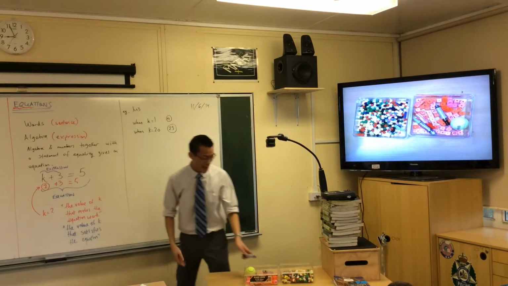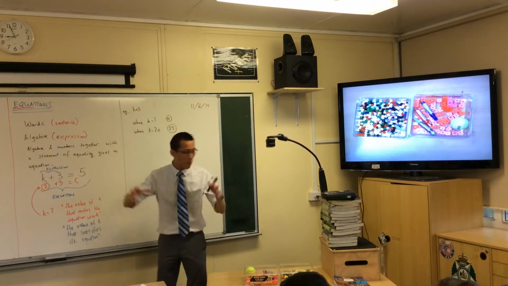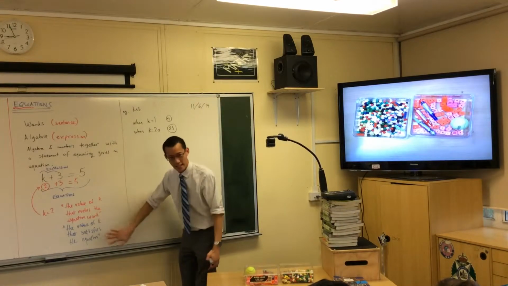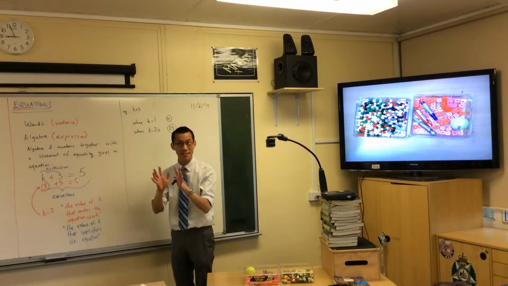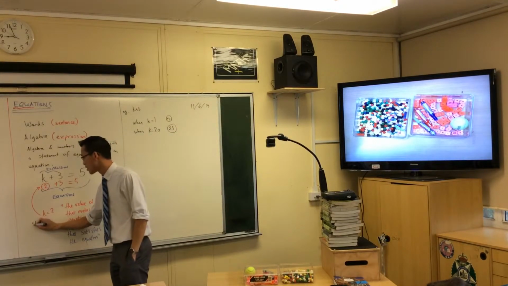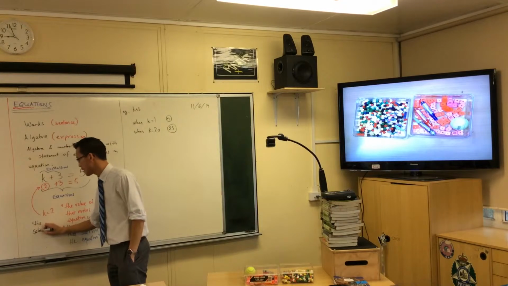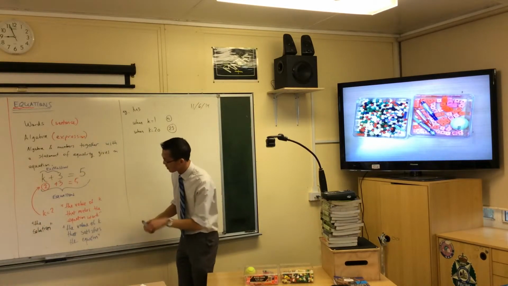But that's still a bit of a mouthful, isn't it? It's a long thing to say. So instead, boiling it all down, an even more succinct, concise way of saying it is, k equals 2, we call it the solution. It's a weird kind of word, right?